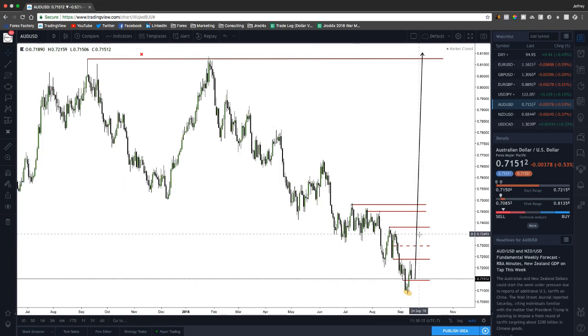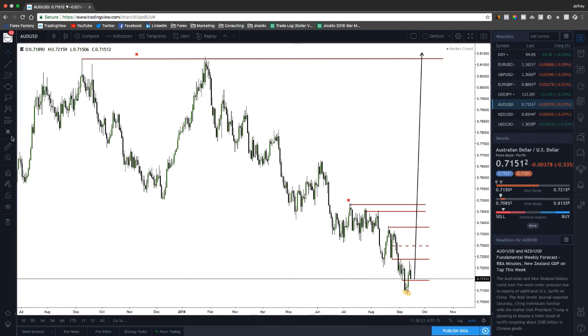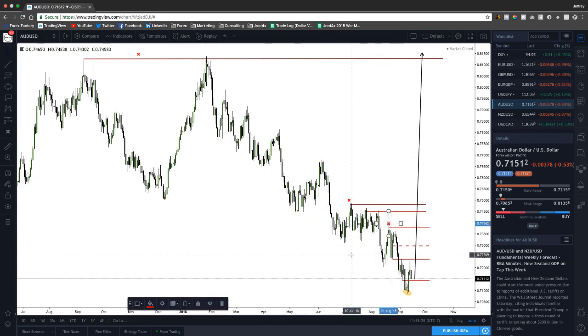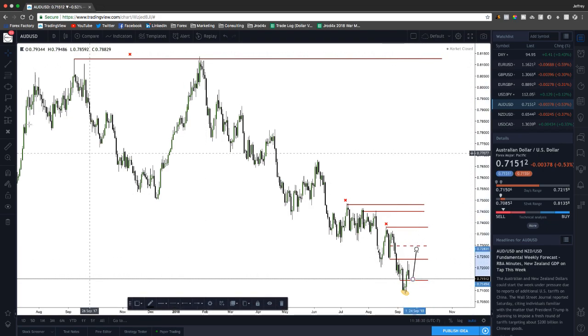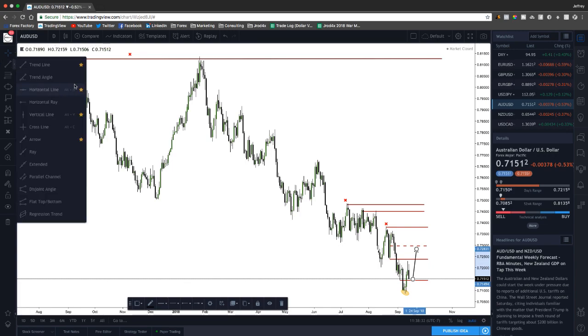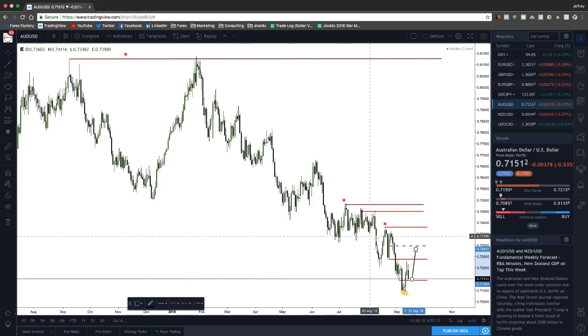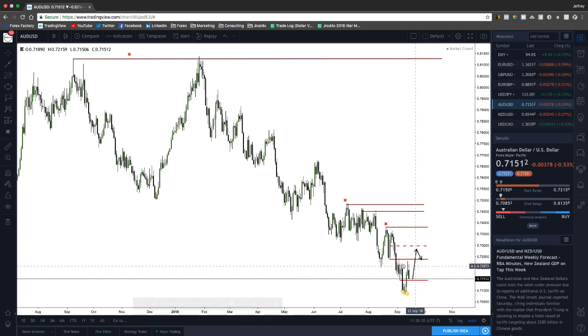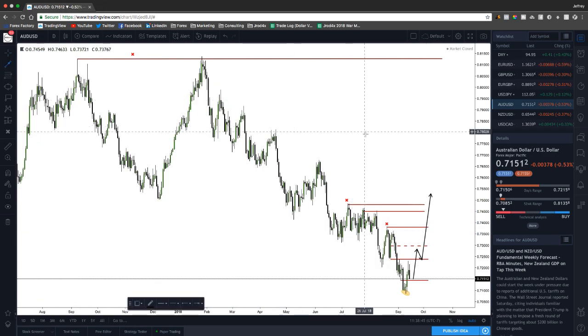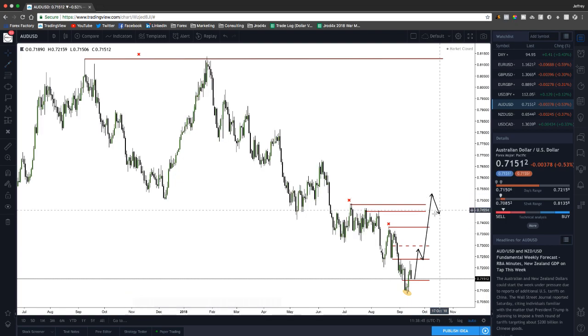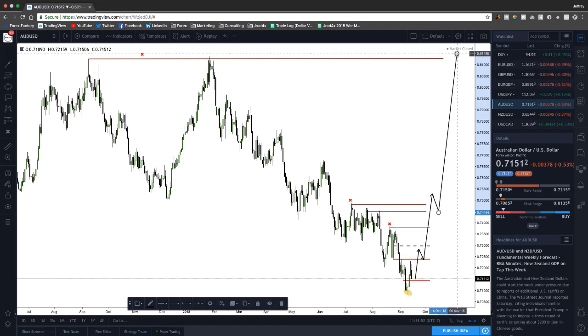I have the things that I'm looking for, and basically just save images of the chart of the type of price action or ideas that I'm forming about what could potentially happen. I'm not going to be super specific with every retracement, just an idea for myself. Market would obviously break structure, retest, and then look for further continuation up.